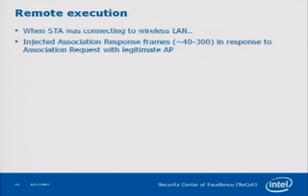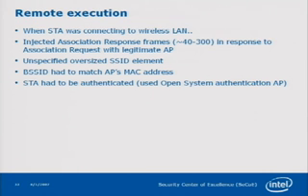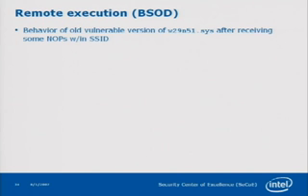In response to the association request frame with the legitimate access point, the exploit used an unspecified oversized SSID element within the association response frame. The BSSID had to match the access point's MAC address, and the station had to be authenticated, for example, to the open system authentication access point that was actually used.